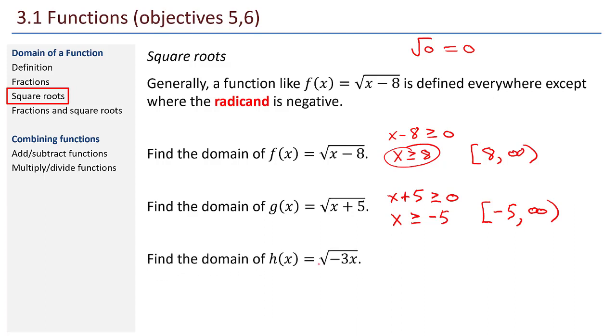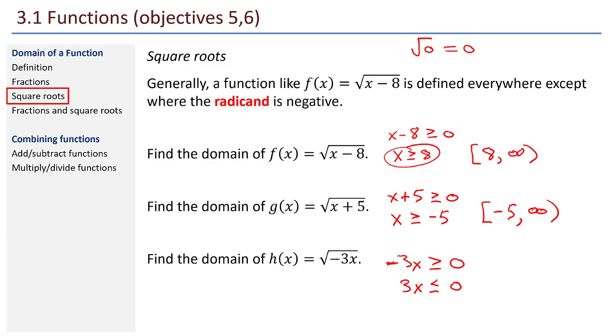Find the domain of h of x equals the square root of negative 3x. All right, negative 3x is greater than or equal to 0. So something funny is happening here. Since I have a negative, it looks like those x values themselves have to be negative. Well, something happens with an inequality. If I negate both sides, it switches the direction of that inequality. So let's say 3x is less than or equal to, well, what is 0 when it's negated?